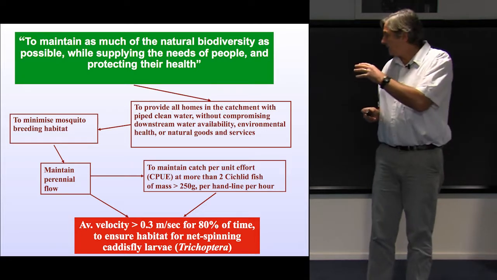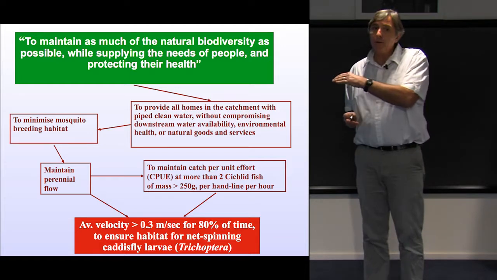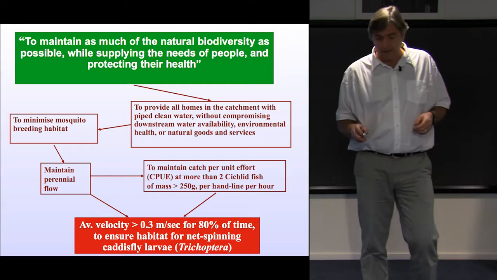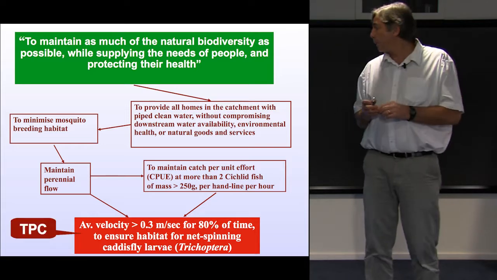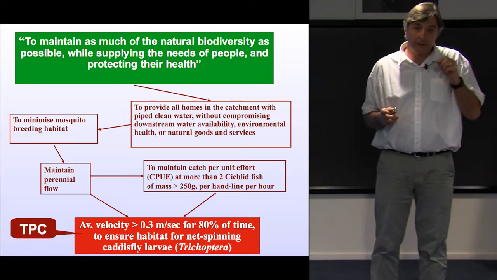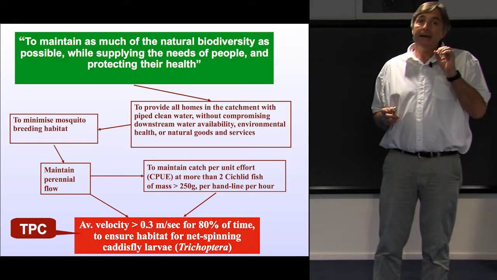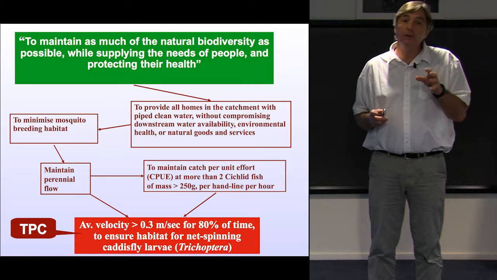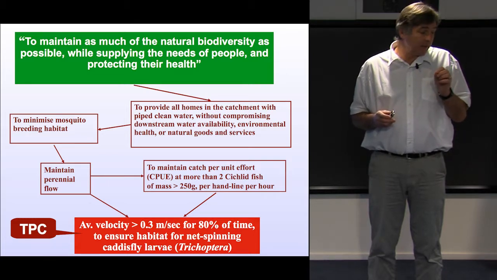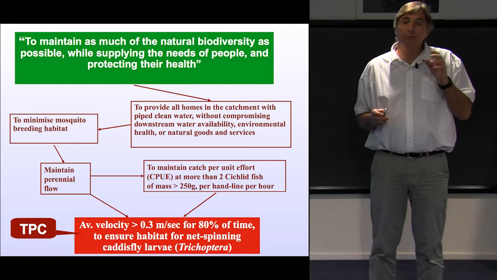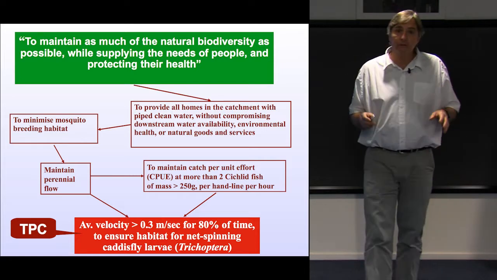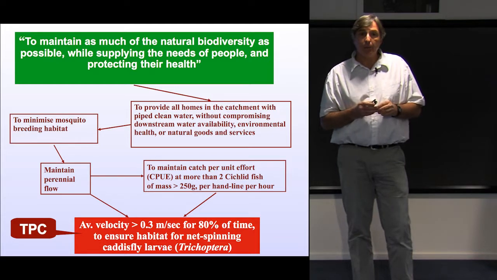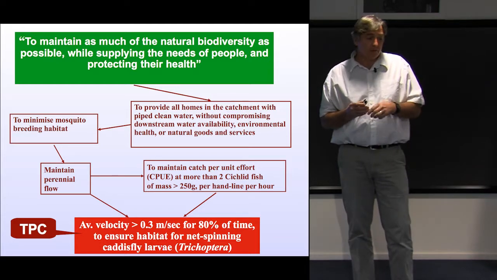Okay, now that is very measurable, but not exactly inspiring and not likely to get across to most of the stakeholders. That's what we call a TPC, or threshold of probable concern, which is a specific objective which can be monitored and measured, and which will indicate before there's a real crisis in the river that there may be something happening that could be a problem, and it requires a management response.